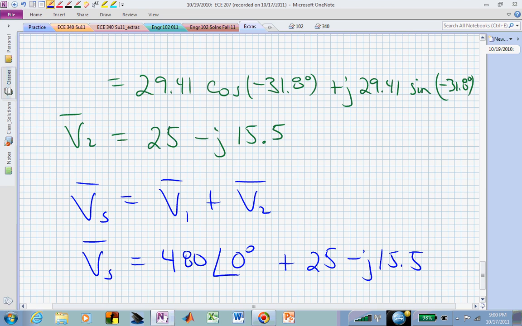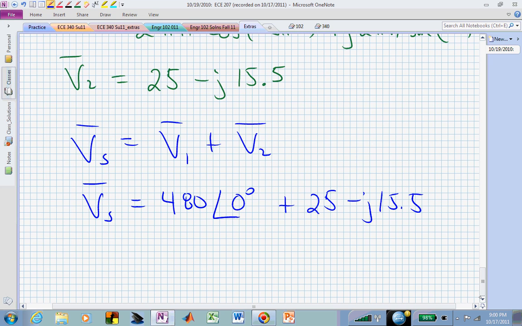That's now V sub S. Well, 480 at an angle of 0 degrees is just a real part of 480 and no imaginary part. We can now add 480 to 25, and we get 505 minus j 15.5. That's now the voltage at the supply side of that circuit configuration that we had before.